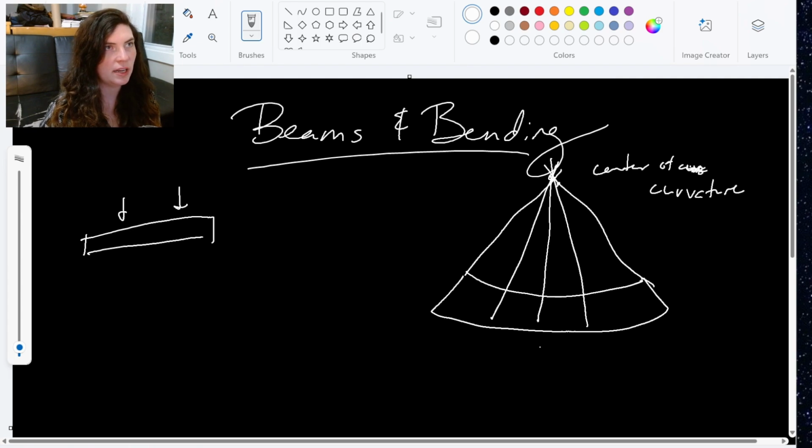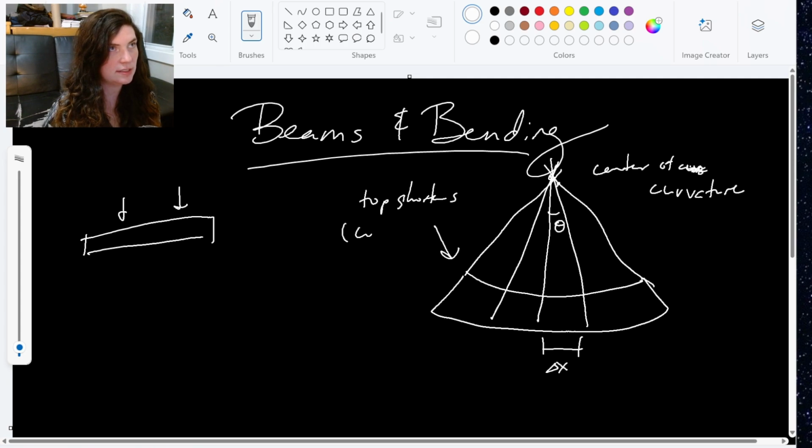So what's happening for every little slice dx here, there's this angle that it's moving through, but more importantly, we're getting this top line here. The top of our beam is shortening, right? The top shortens and goes through compression.